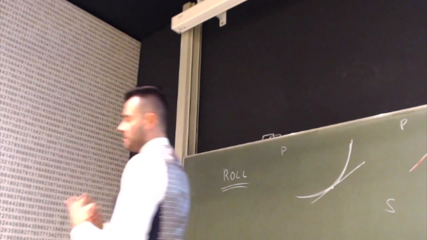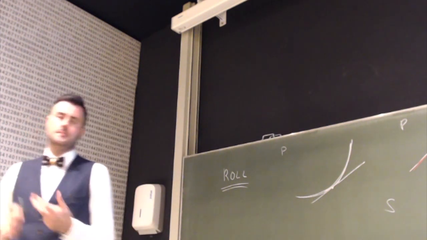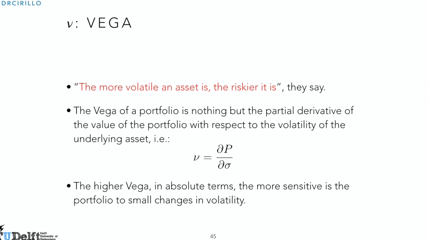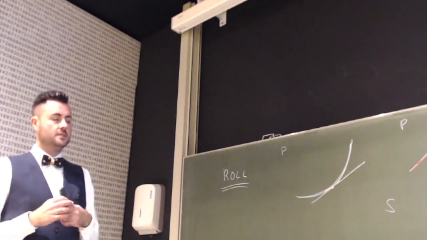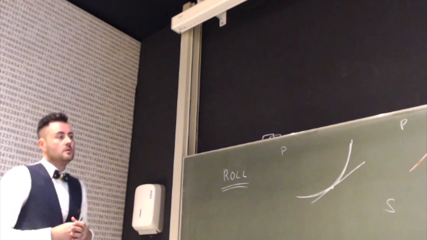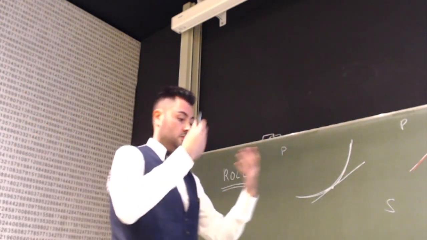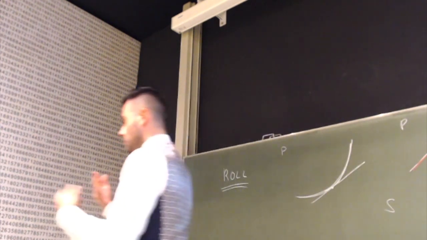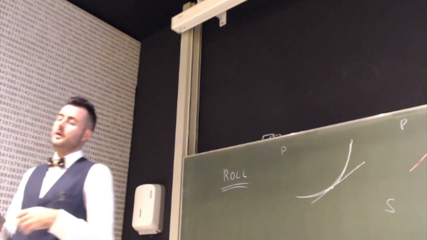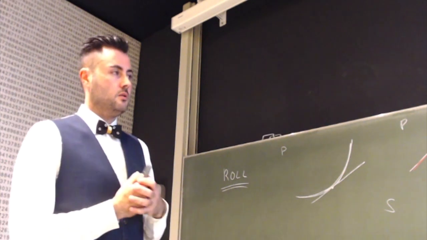Gamma, large changes in the price. Vega, volatility. So it's the partial derivative of the value of the portfolio with respect to volatility. So the higher the Vega, and that obviously means in absolute terms, the more sensitive my portfolio is to changes in volatility.